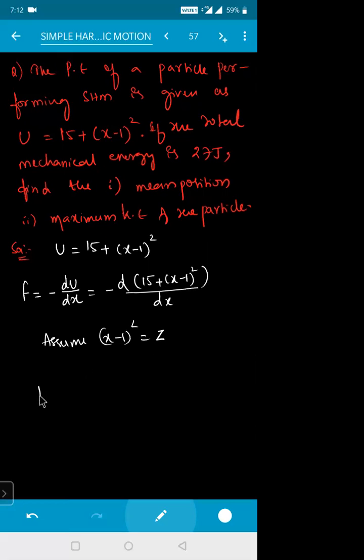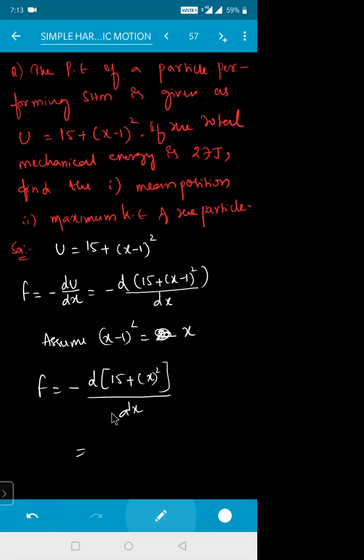Or you can assume this as x only. So x minus 1 is taken as x, and this becomes 15 plus x square, divided by dx.